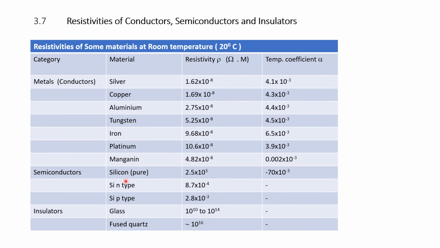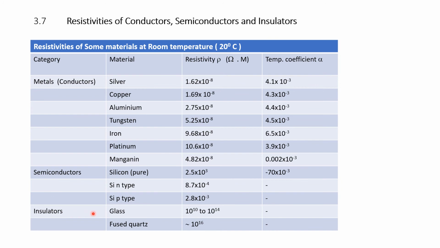In N-type silicon and P-type silicon, where impurities are added to the semiconductors, they show relatively medium level resistivity, that is 8.7, 2.8 and 2.5, into 10 to the power of minus 3 and minus 4.